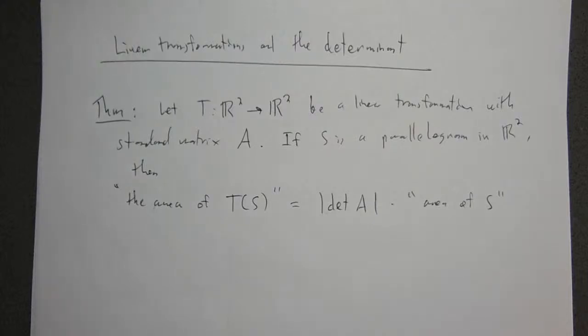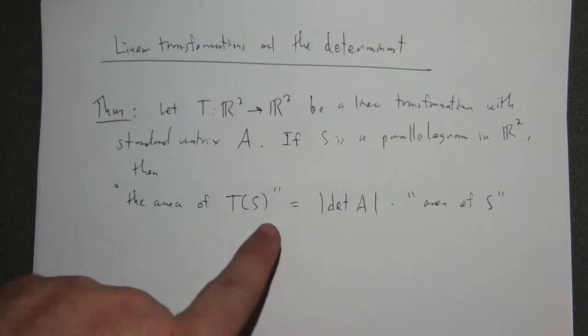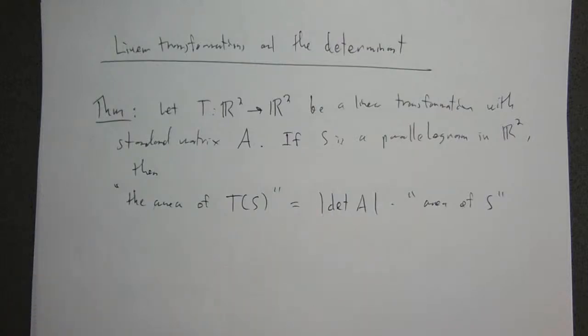Another way of saying this is that the absolute value of the determinant of A is the scale factor in measuring the area of the transformed region. So the area of the transformed region is the absolute value of the determinant of A times the area of my parallelogram. A couple things to note here. One, what if the determinant of A is plus or minus 1?